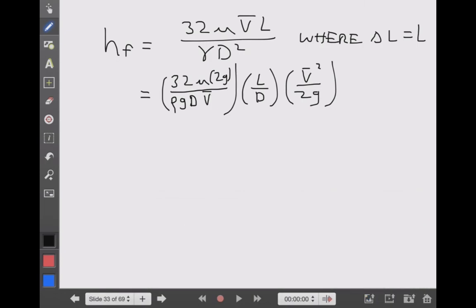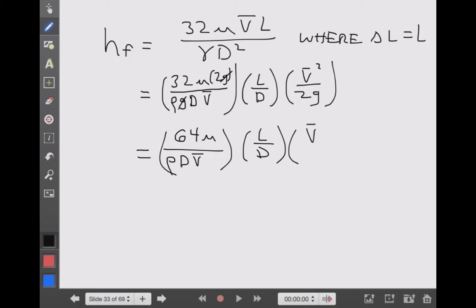This is going to end up being our friction factor. We see the accelerations of gravity cancel, and we're left on top with 64 mu over, in the denominator, rho D V bar. That's what we have, and this is multiplied by the ratio of the length to the diameter of the pipe and our familiar V squared over 2g.